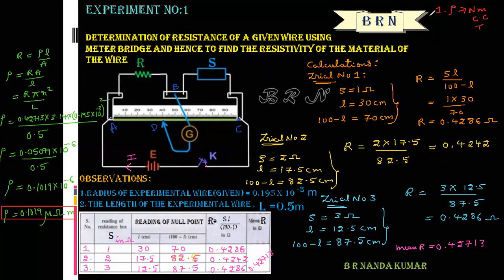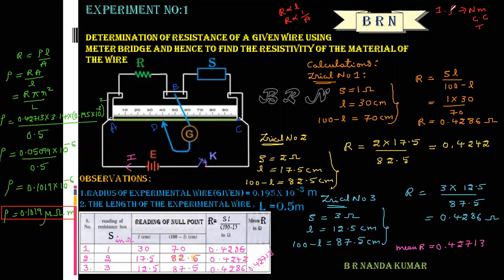It does not depend on the length and area, but the resistance of the wire does. How does the resistance of the wire depend on length? Resistance is directly proportional to length and inversely proportional to area.